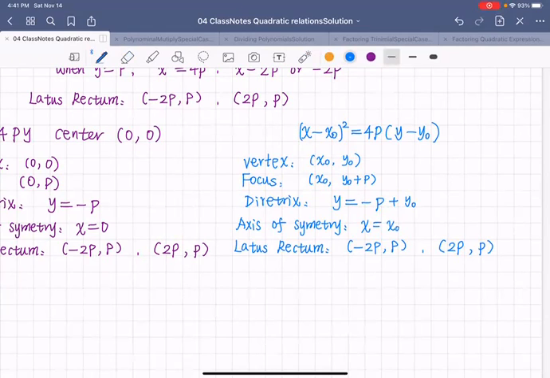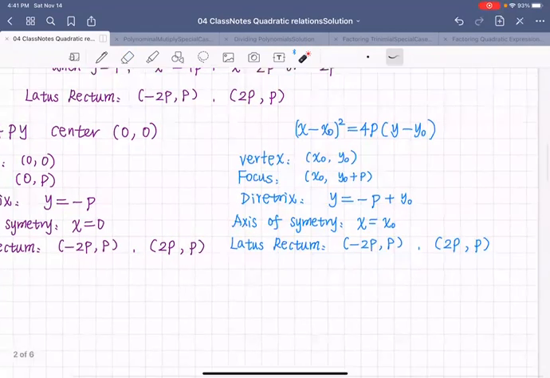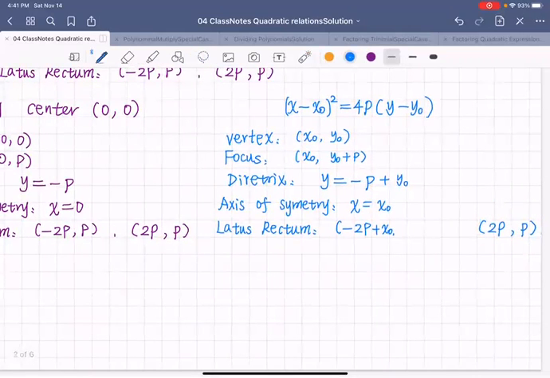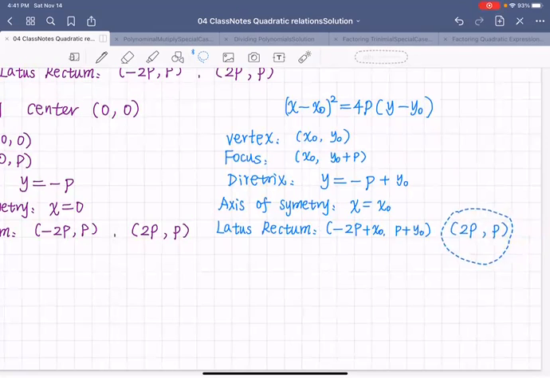Lattice rectangle, everybody is going to shift with x0 and then y0. So let's change this. That makes sense?